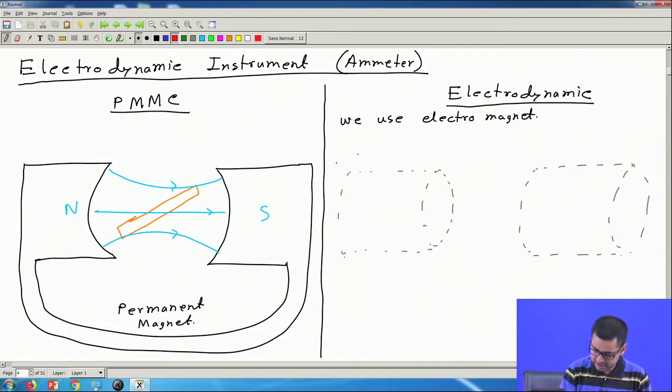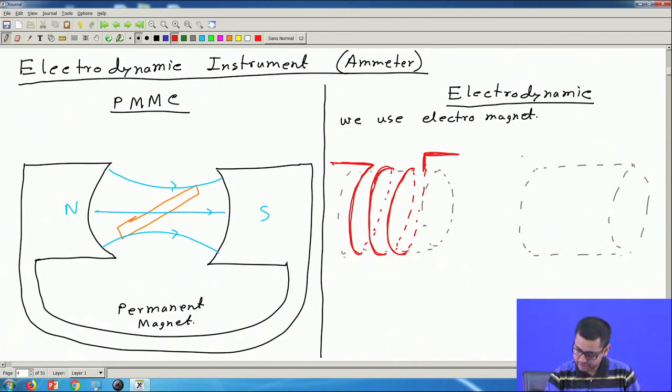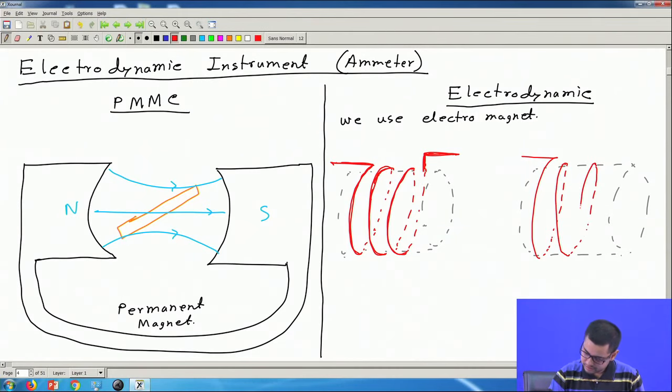So, I will have one coil like this, so these are the turns, these are the different turns of a coil, and this is one end of this coil and this is another end of this coil. Now, here again I will have another coil which again is like this. Okay. So, these are the sides of this coil, and this is one end and this is another end.